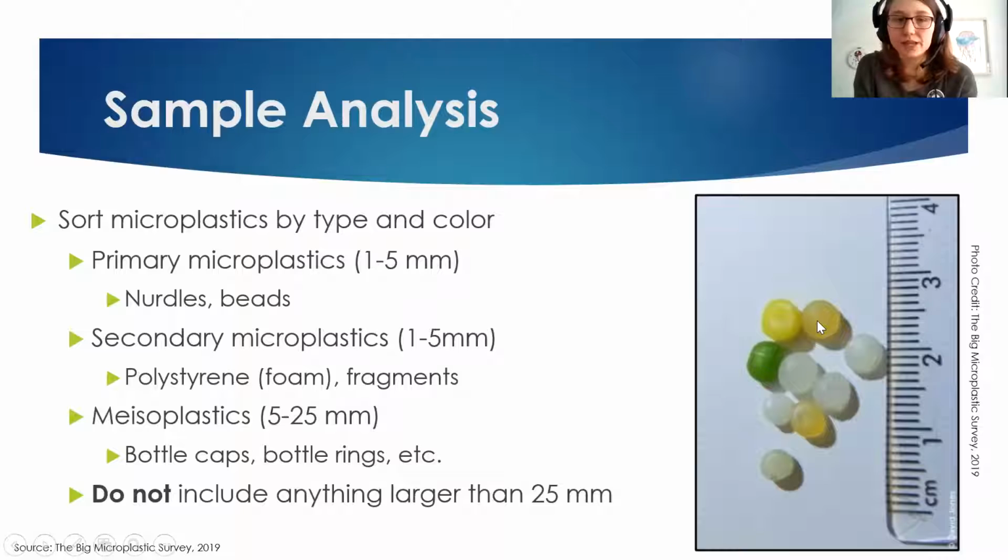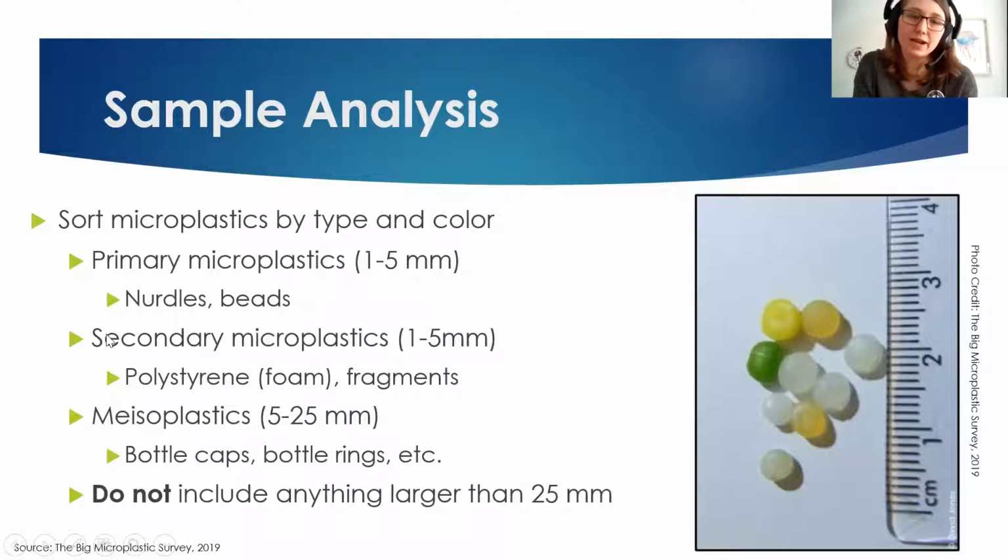So you'll have those, and then you're going to separate them by color. So what you would do here is you would put yellows in one pile, you put green in another, and you put these like clear ones in another pile. And you would count them, and you would report the number of those microplastics. So for example, here you would say, oh, I have 3 yellow primary microplastics, and they're nurdles.